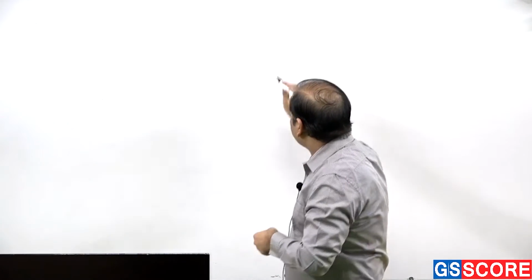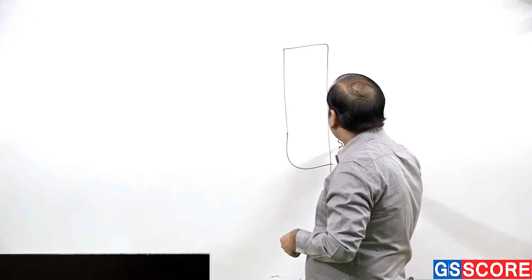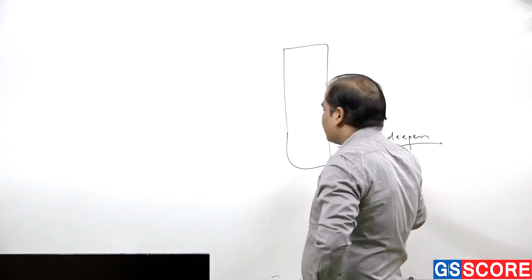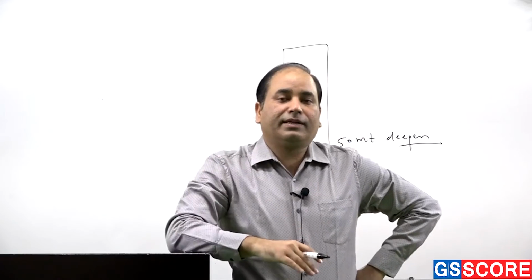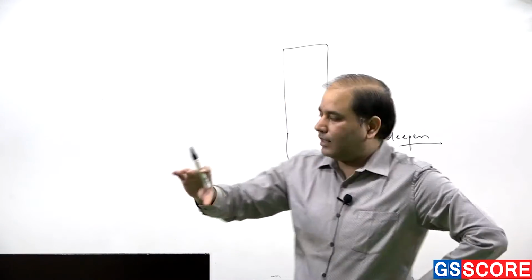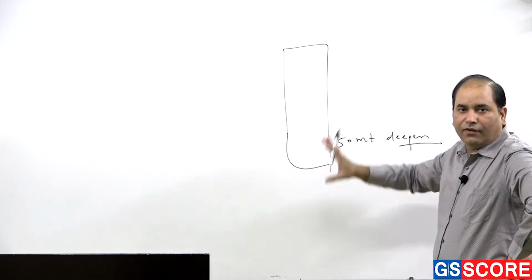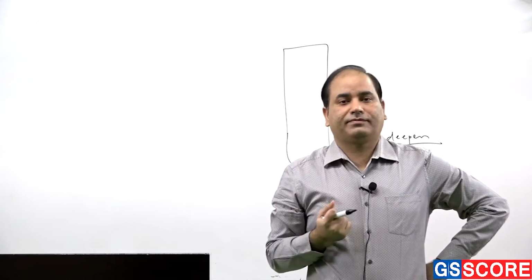Now let's say we are considering 50 meters deep. This 50 meter column of water of the ocean is flowing, and why is it flowing? Mainly because of the frictional drag of the wind.